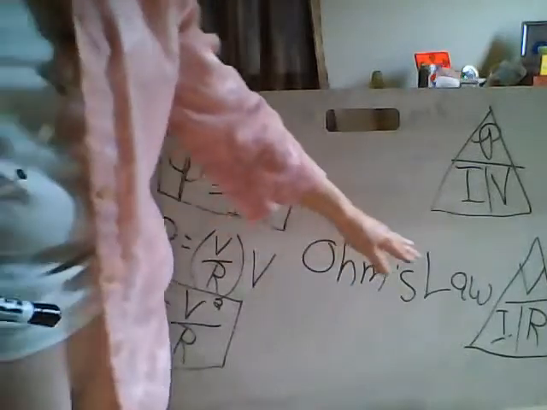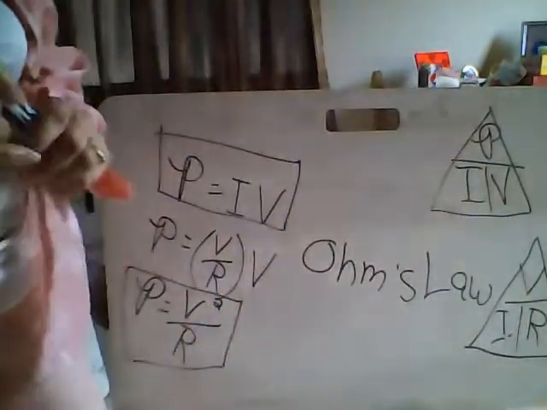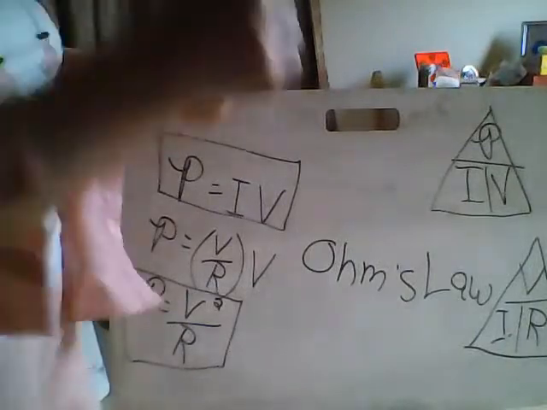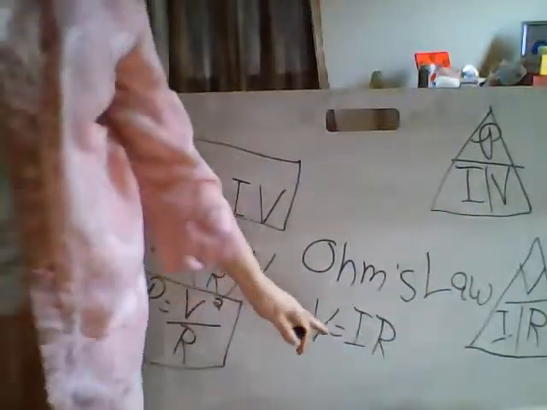We see that current is inversely proportional to resistance. So if we have our equation, we see that when the resistance goes up, then the current's going to go down, right?